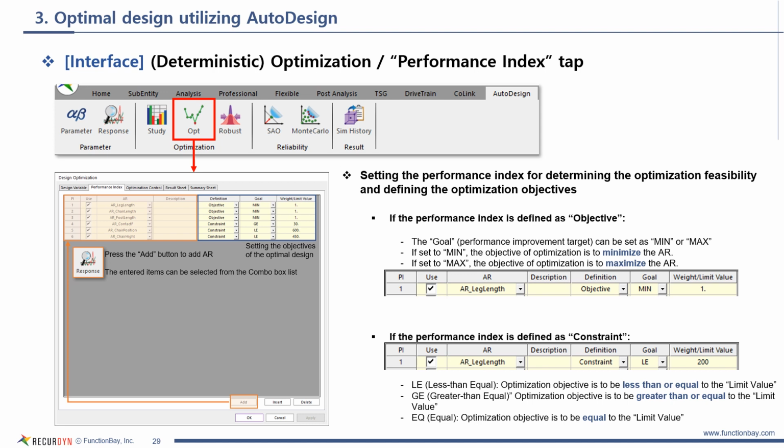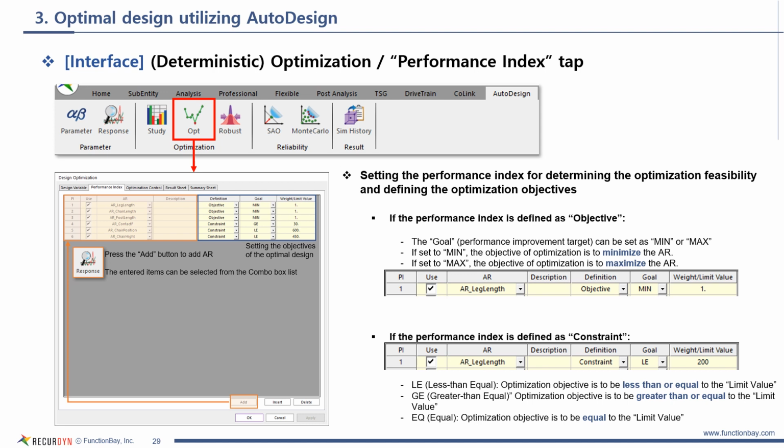The definition field can be set as either objective or constraint. When definition is set as objective, you can select either minimum or max. When set to max, it means that the purpose of optimal design is to maximize the value of the specified analysis response.